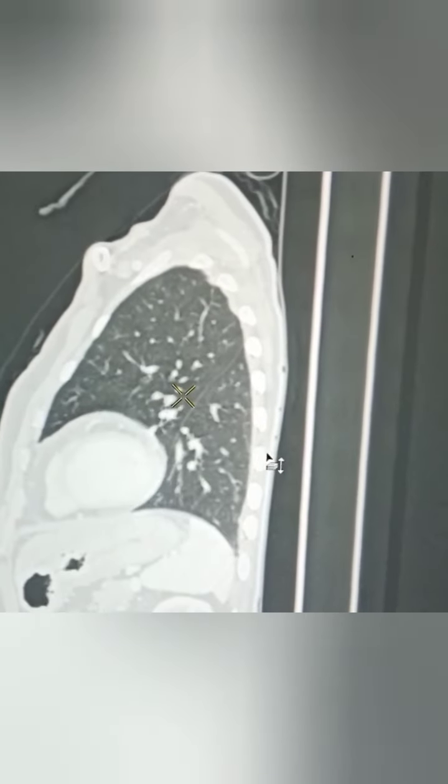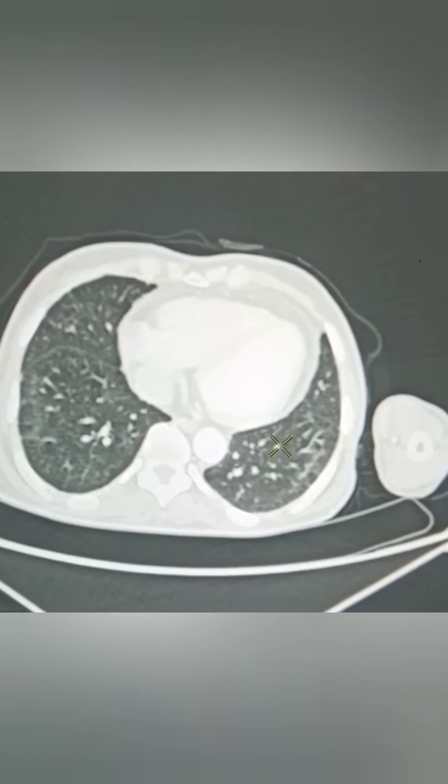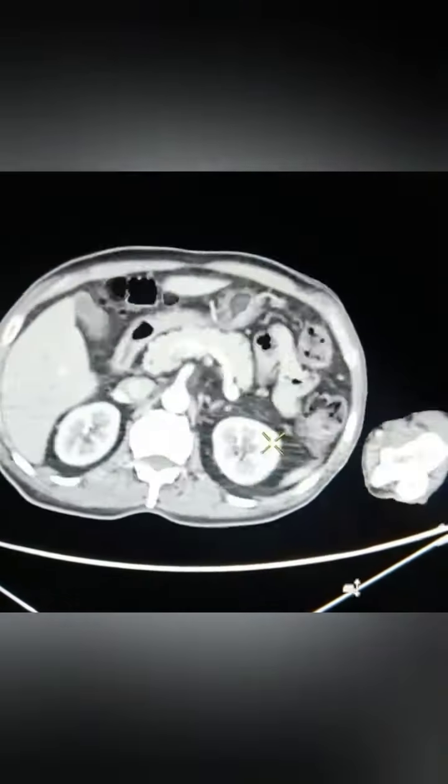When you go on to the left, there is only one fissure: the upper lobe and lower lobe. And the left lingula is somewhat similar to the right middle lobe. Thank you.